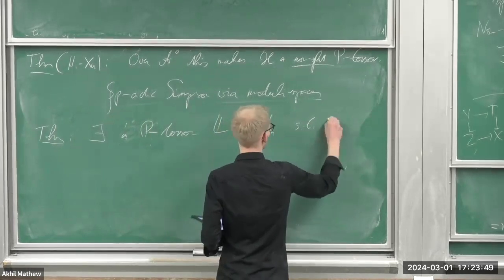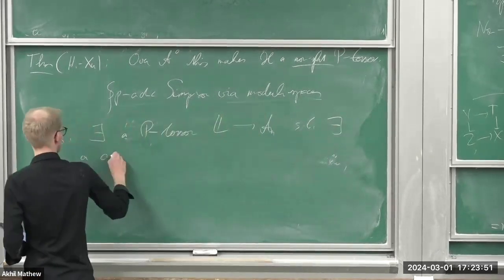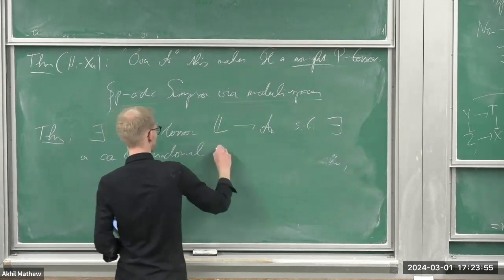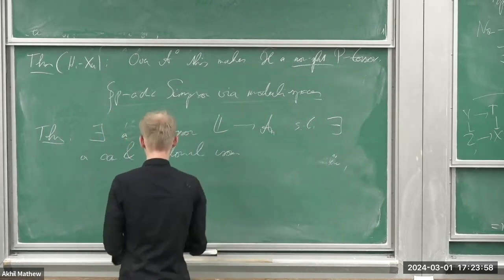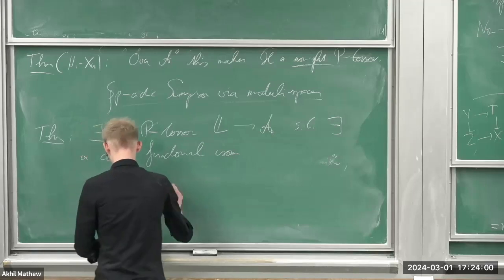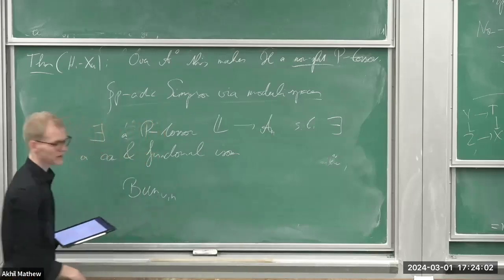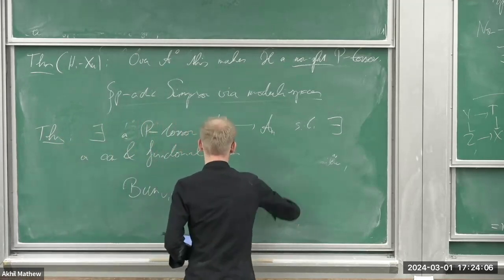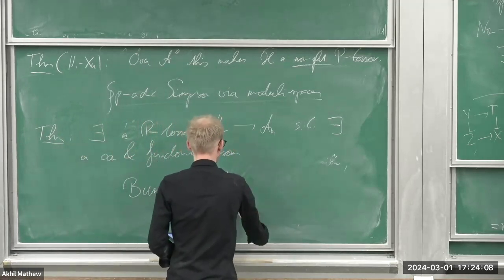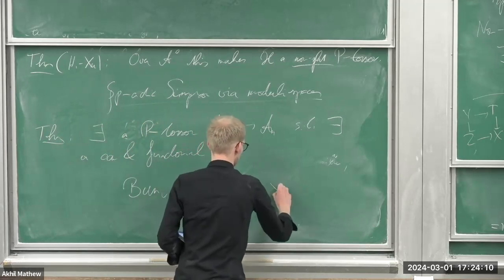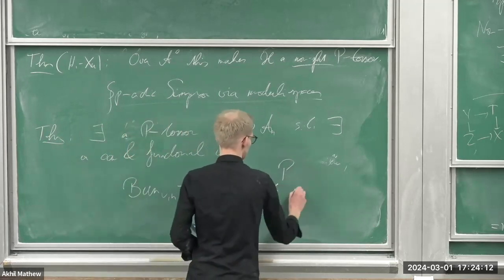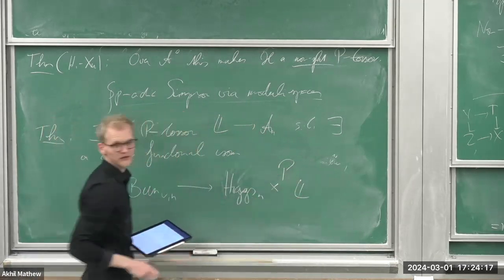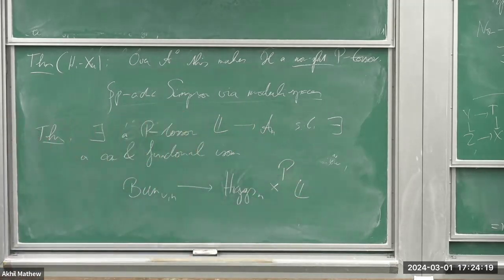That is a canonical and functorial isomorphism between the stack of P-bundles and the twist of the moduli stack of Higgs bundles by this torsor.